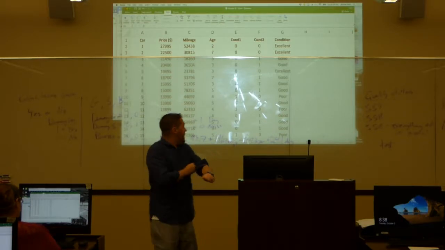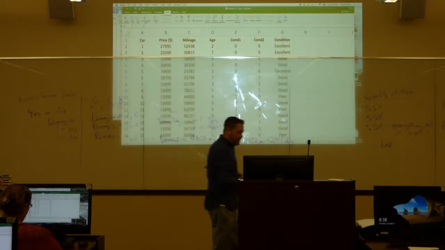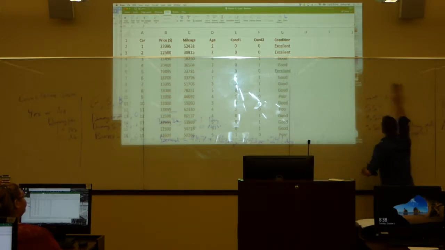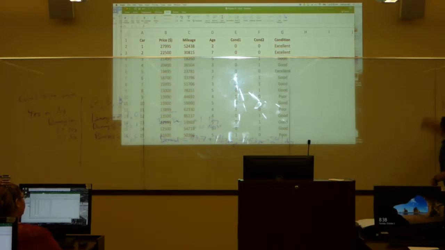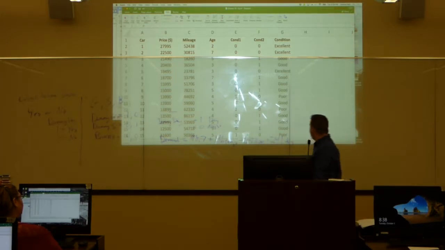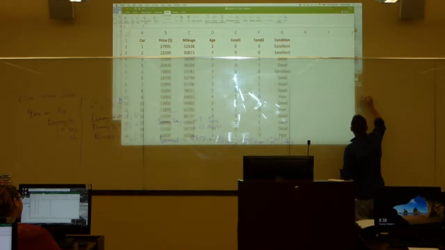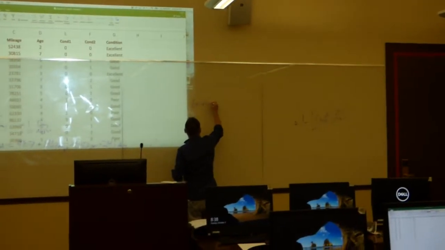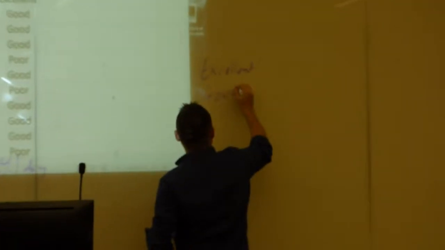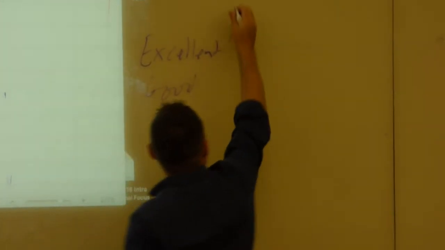Okay? Now what we have here, I can read this just looking at this. I need 2 dummies because I have 3 possibilities: excellent, good, or poor.